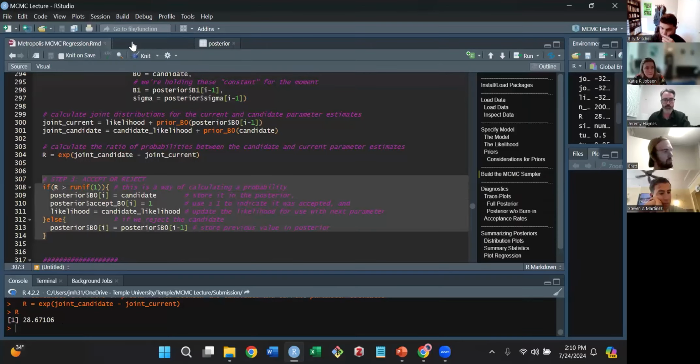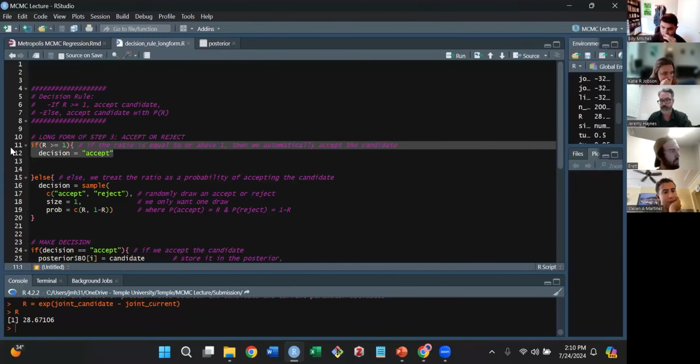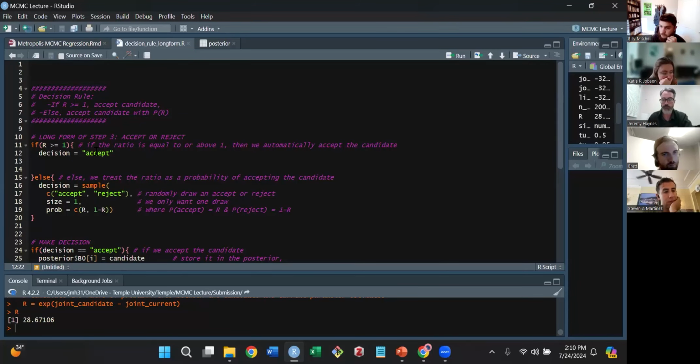We're going to take a quick look at the long form of what this code does. So remember, we have our R value. According to step 3, if R is greater than 1, we're going to automatically accept it. So our decision is accept. If R is less than 1, then we're going to accept the candidate with probability R.